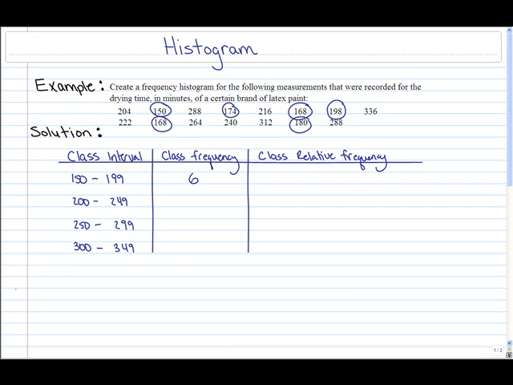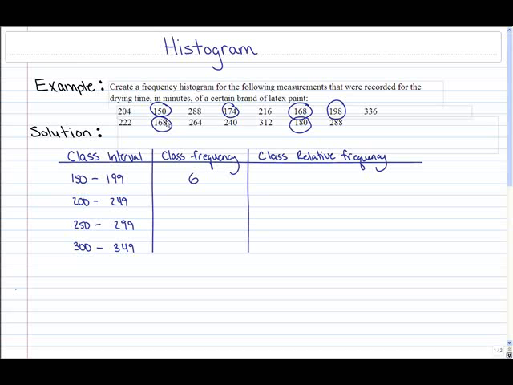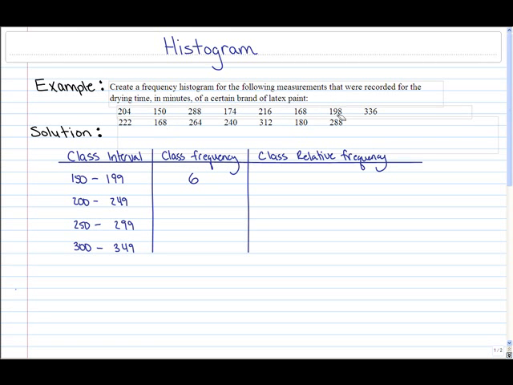So the next class is from 200 to 249. So any values that fall within that class of 200 to 249, count them up. We have 204, 222, 240, 216, and that looks to be it.